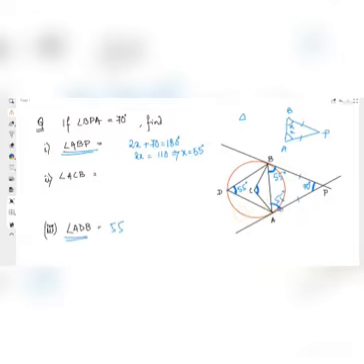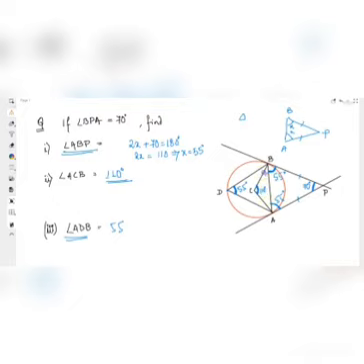So if this is 55, what will be this? Fine. So ACB, we can say that this is 2 times 55, that is 110 degrees.